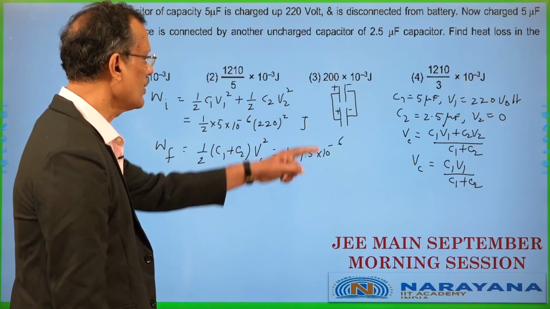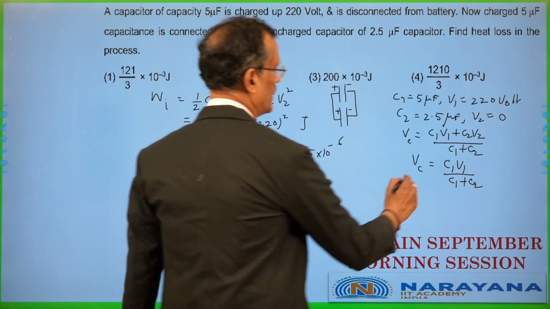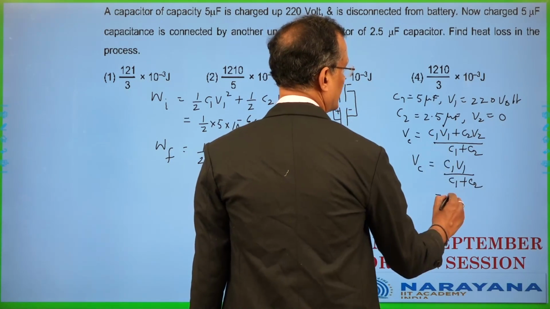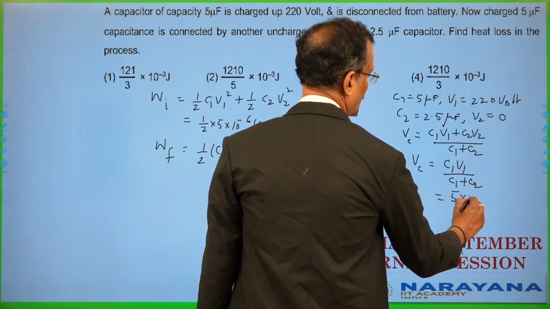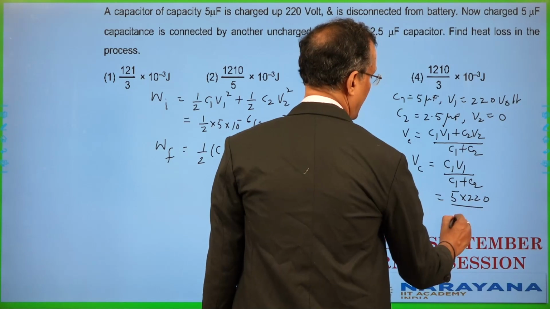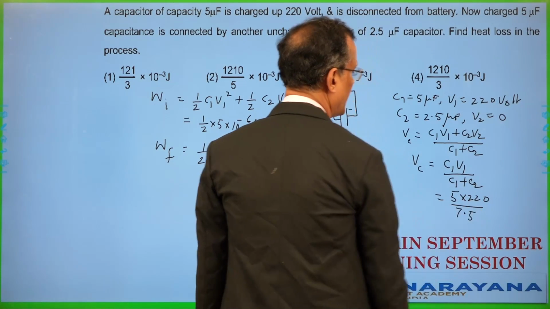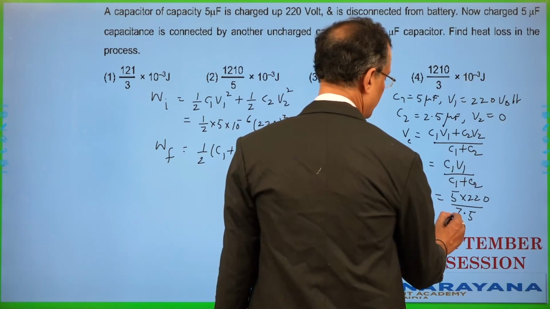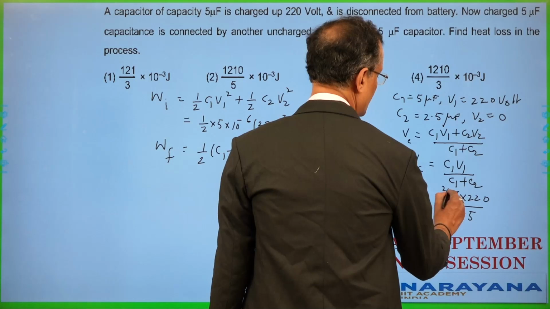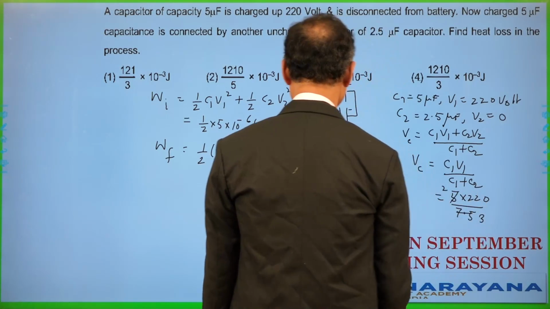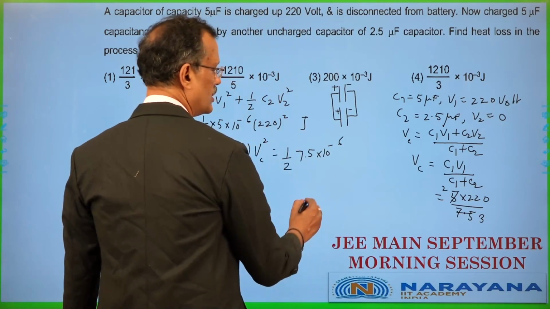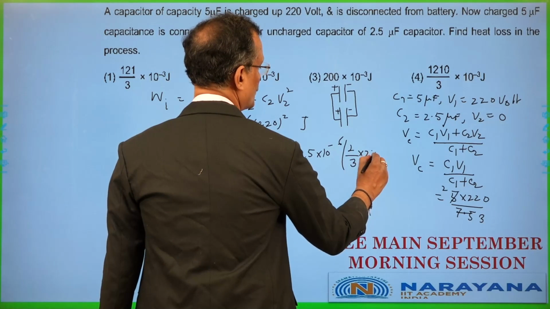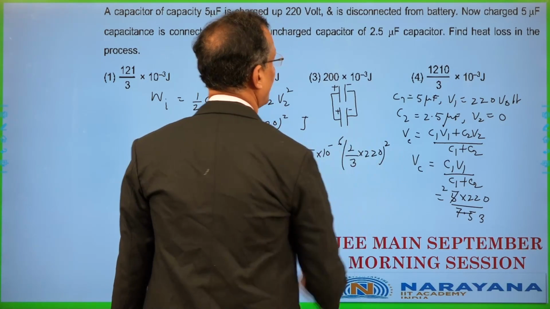V common we can calculate from here: 5 times 220 by 7.5, micro is cancelled, so this becomes 2.5, 2 times and 3 times. So you will have 2 by 3 into 220 squared.